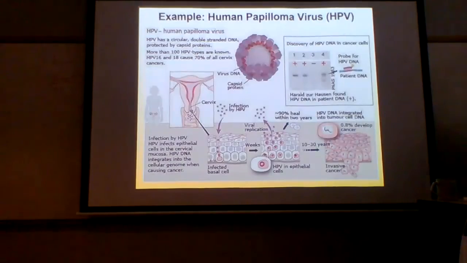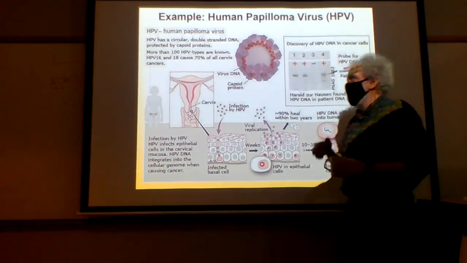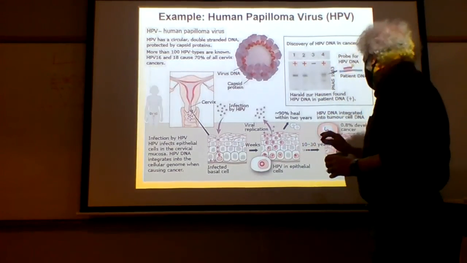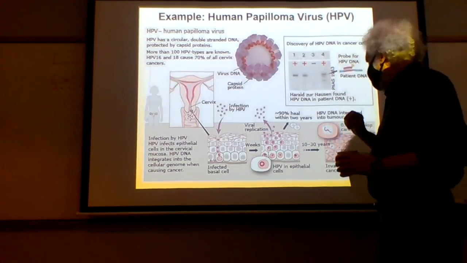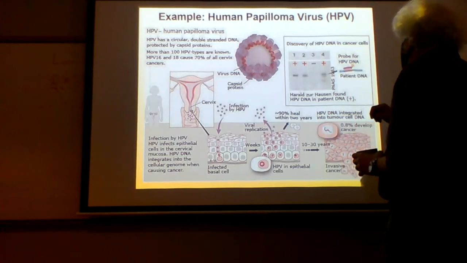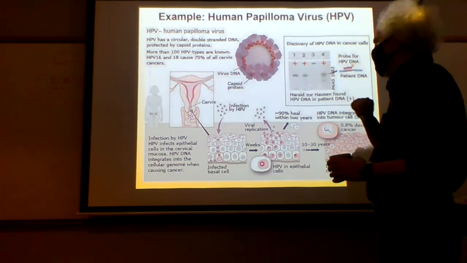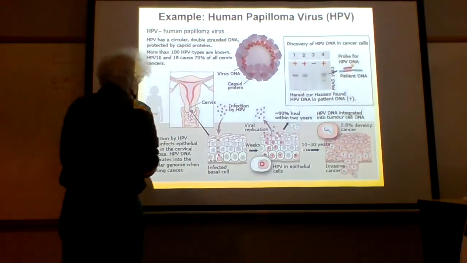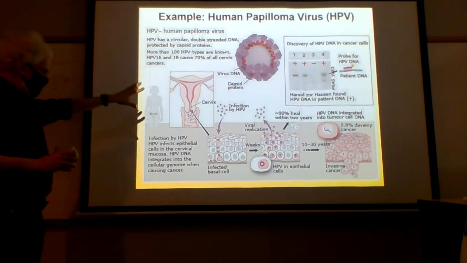And the human papillomavirus is one that can do this. So human papillomavirus is not a direct cause, but it is a pretty good trigger for the development of ovarian tumors and uterine or cervical cancer. So in this case, we have infection by HPV. It infects epithelial cells in the cervix.